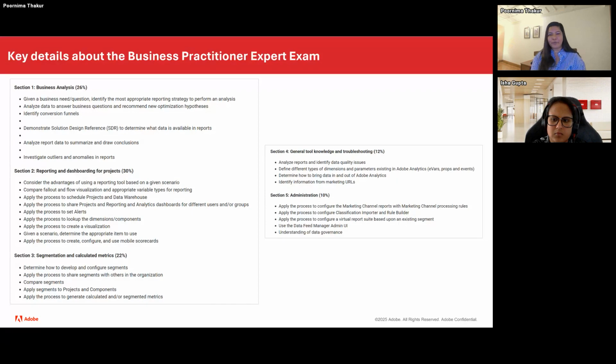Very important. Next comes your segmentation and calculated metrics. Trust me, segmentation looks very easy, but it is not that simple. You need to understand the scope, hit, visit, visitor, at what level I should apply, which container, how it will change the data, what difference it will make.